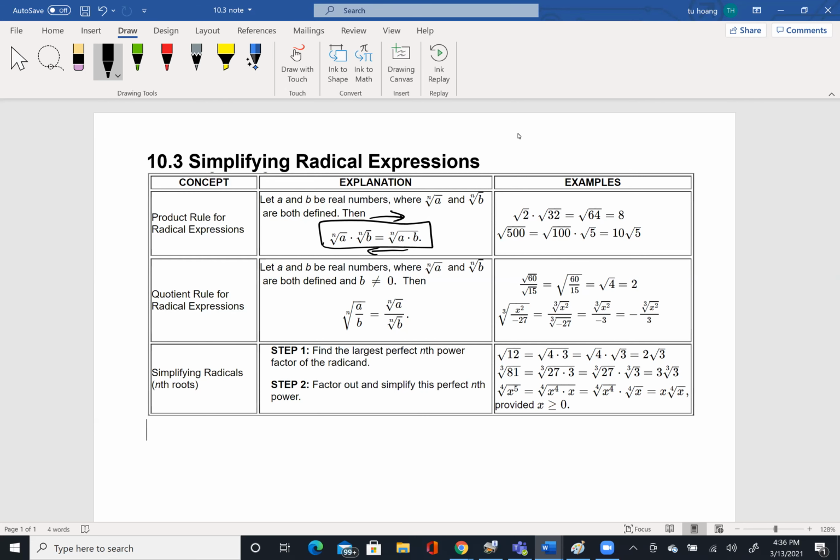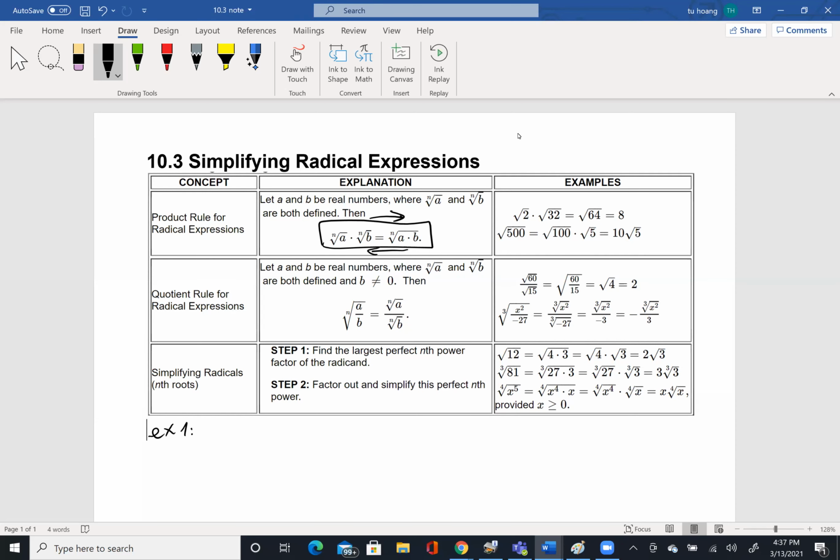But in quotient rule, you have to make sure that the b, the bottom denominator, has to be not equal to 0, because that's going to make it undefined. Okay, so let me have an example.